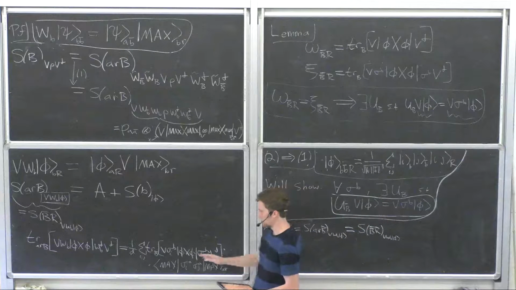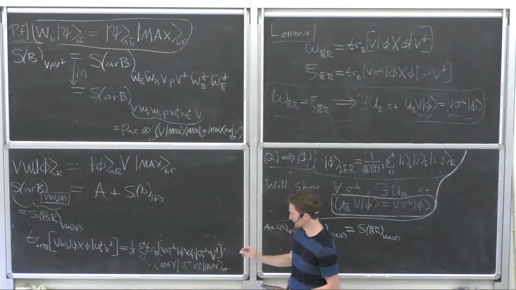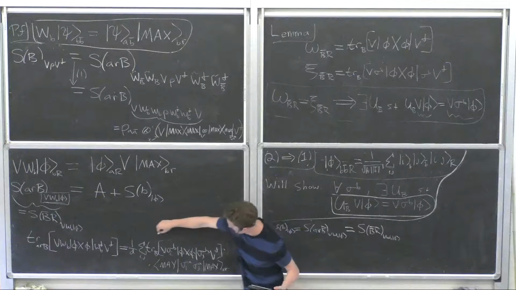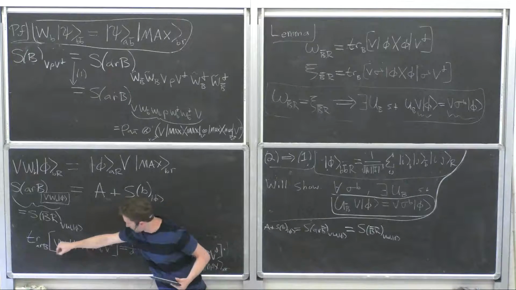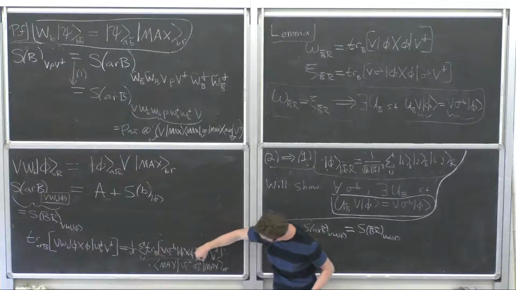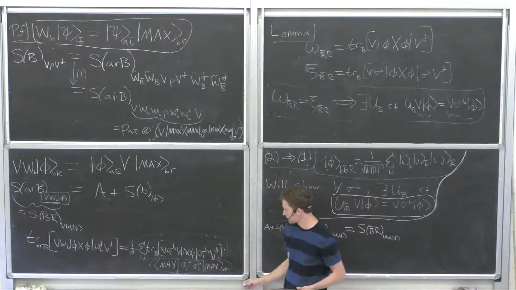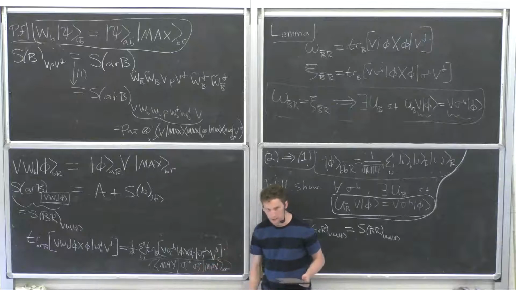So you plug in what little W little b is, you get this thing. The trace over b is here. And then the trace over little a little r gives you this. And so this is like a correlation function between these two Paulis.